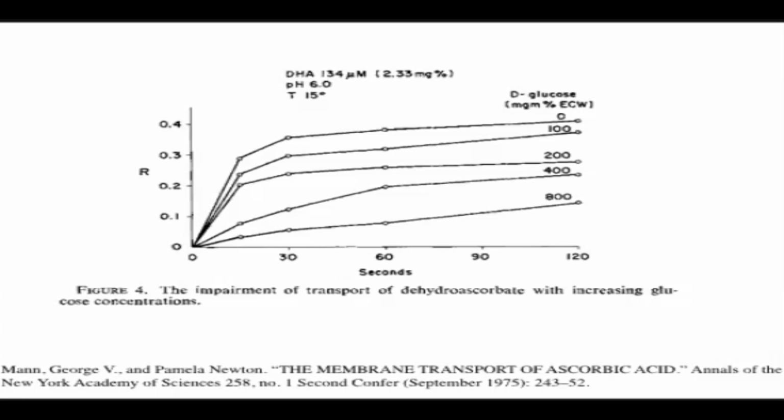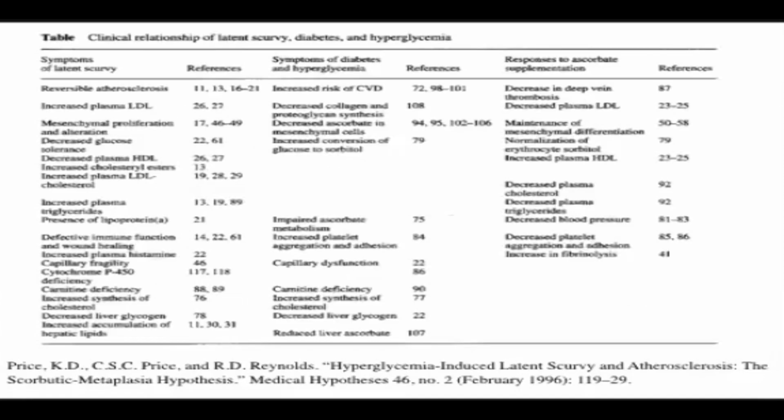And so another group of researchers made this proposal about heart disease and diabetes and comparing it to scurvy. They were saying, this is just like what you see in guinea pigs with latent scurvy. When they're about to develop scurvy, there are all these things in common.